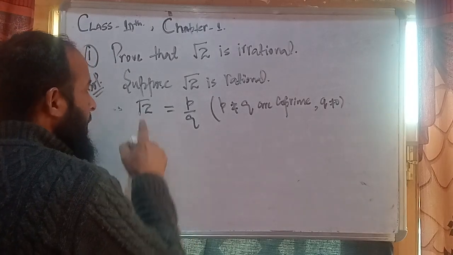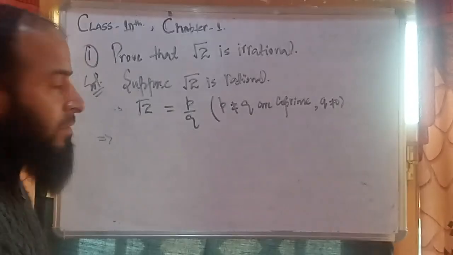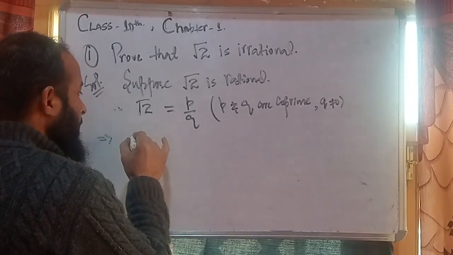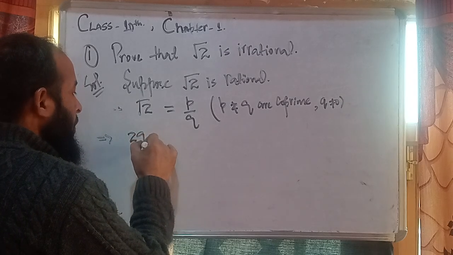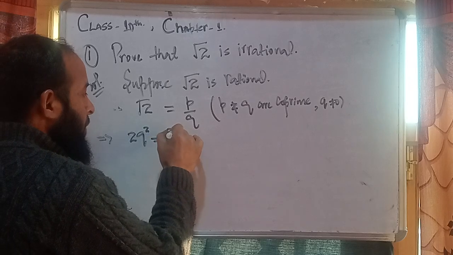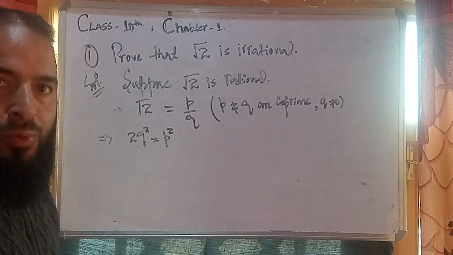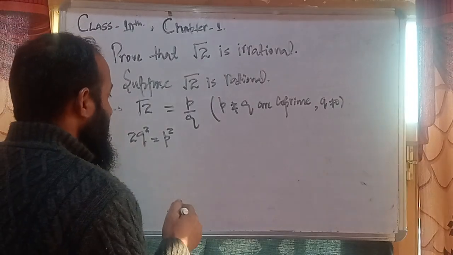Now on squaring, this will give us 2q square is equal to p square.